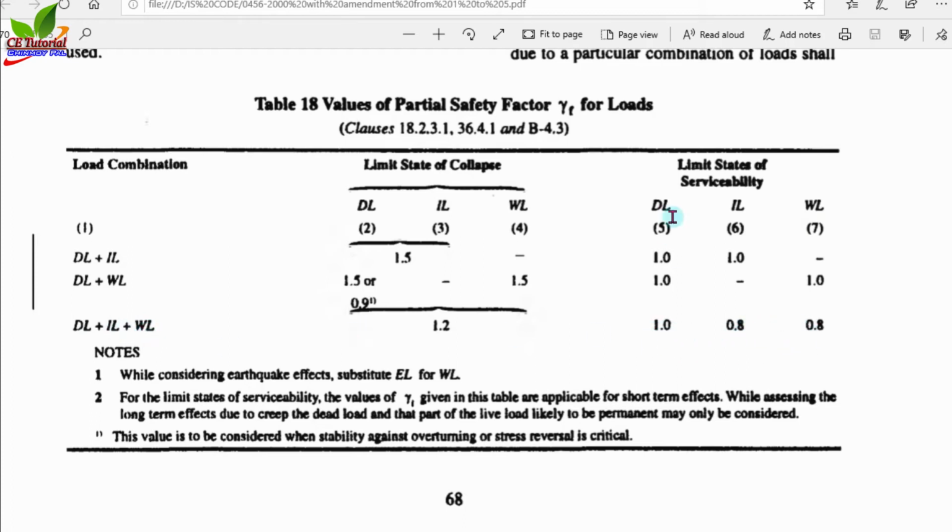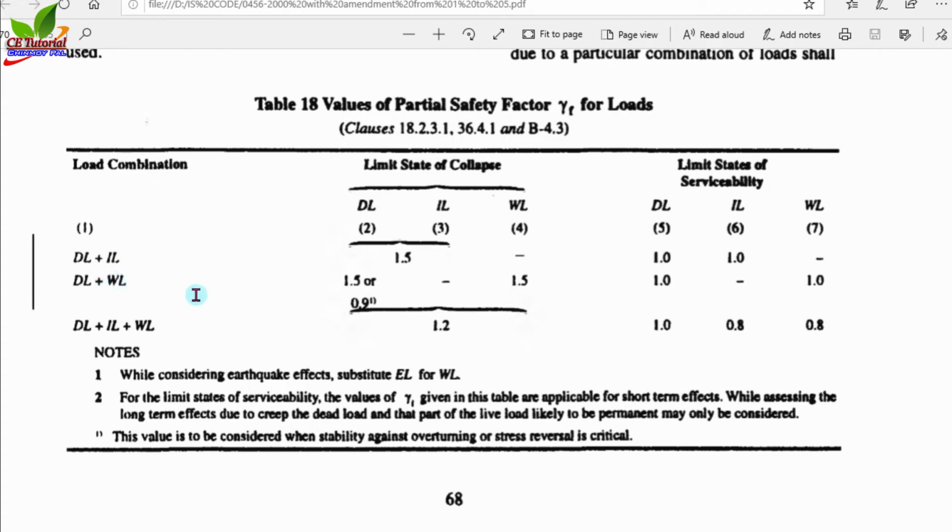That is 1 multiplied by dead load plus 0.8 multiplied by imposed load plus 0.8 multiplied by wind load, and you can see there is no earthquake load here. In this case you can see the note here: while considering earthquake effect, substitute EL for WL. That means if you consider earthquake load, just change the WL with EL.